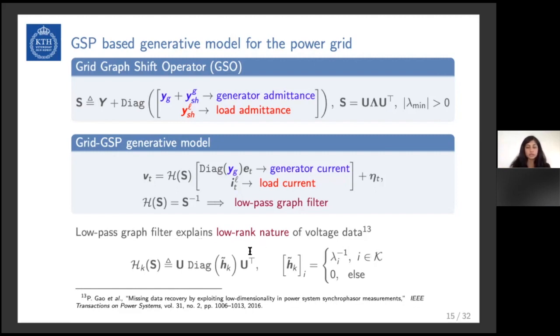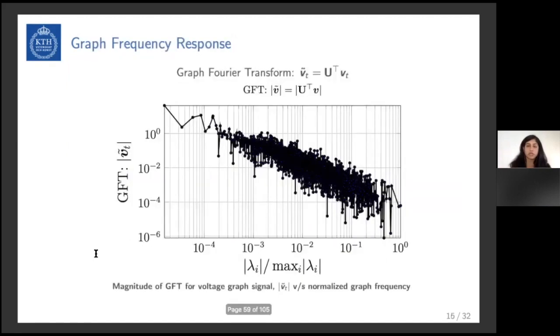And here I describe, if we consider this graph filter which is strictly low pass, as in we cut frequencies after a certain frequency value k, then what we get. So before I go into explaining it through a figure, what I plot here is the graph Fourier transform of a voltage graph signal.